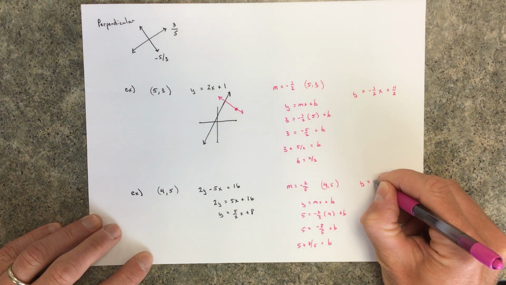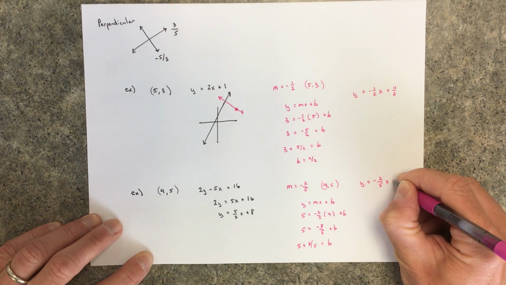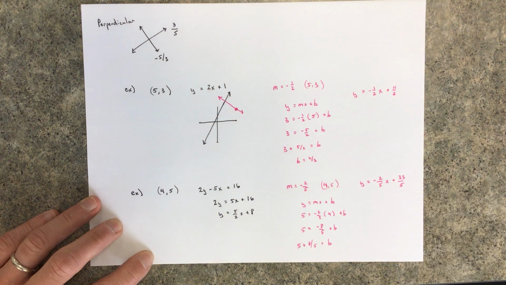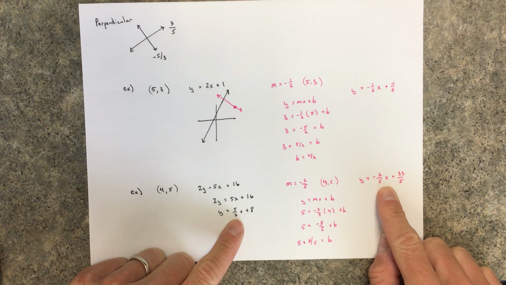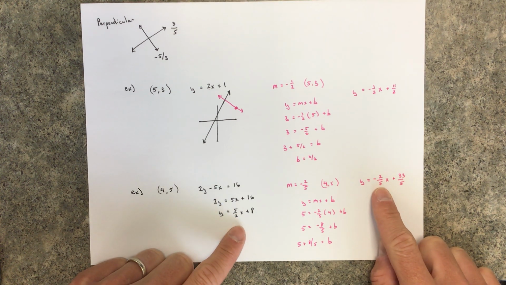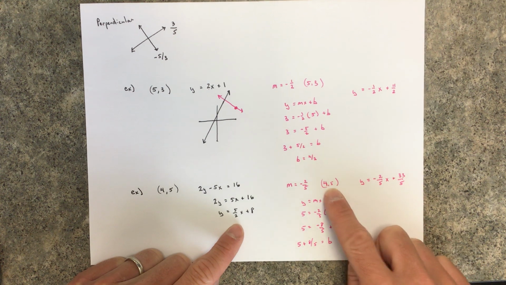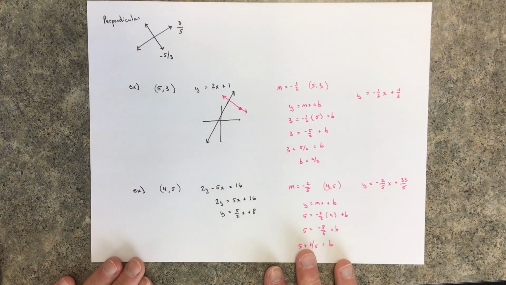So then our equation is going to be y equals negative 2/5 x plus 33/5. Okay, and again, this line is perpendicular to this line because they have opposite reciprocal slopes, and this line goes through this point because I built the equation using an x value of 4 and a y value of 5.